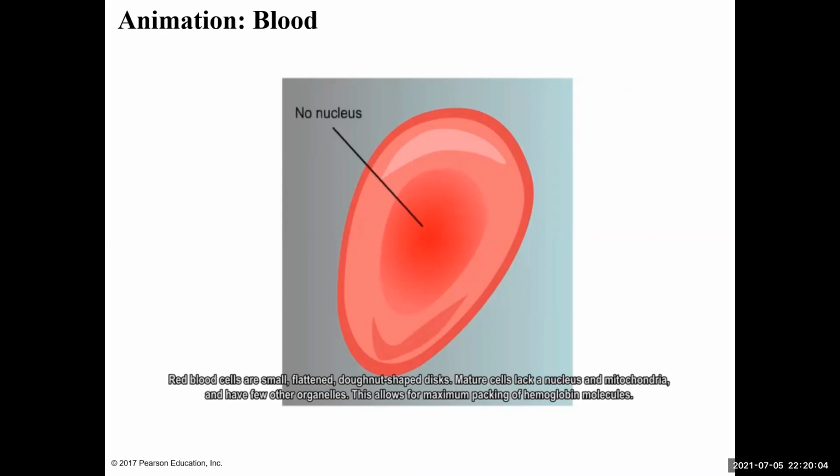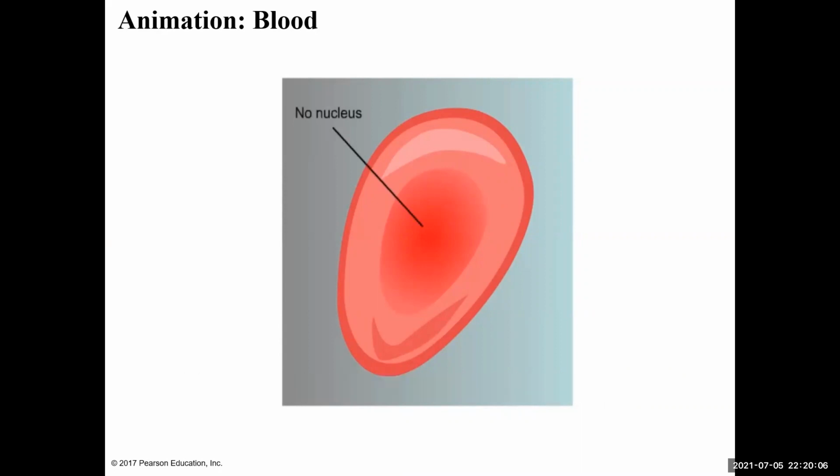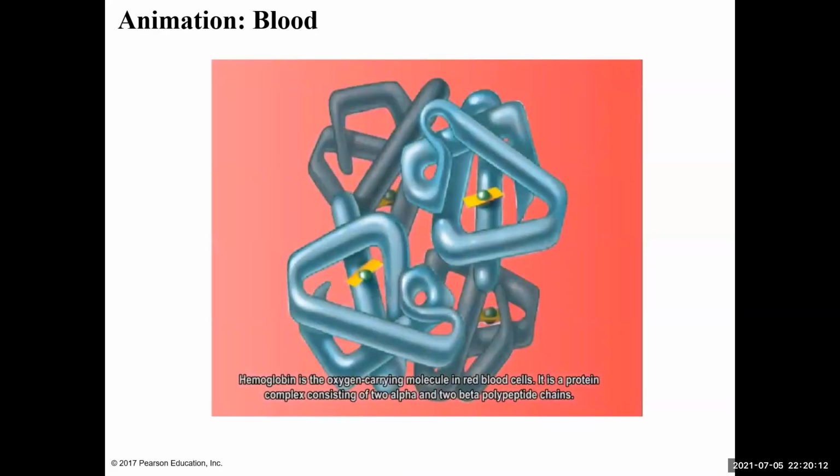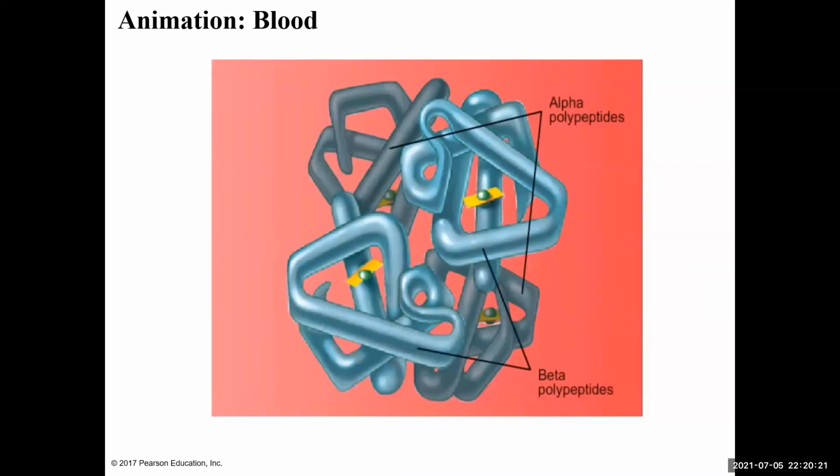This allows for maximum packing of hemoglobin molecules. Hemoglobin is the oxygen-carrying molecule in red blood cells. It is a protein complex consisting of 2 alpha and 2 beta polypeptide chains. In the center of each chain is an iron-containing heme group, which is the binding site for oxygen.